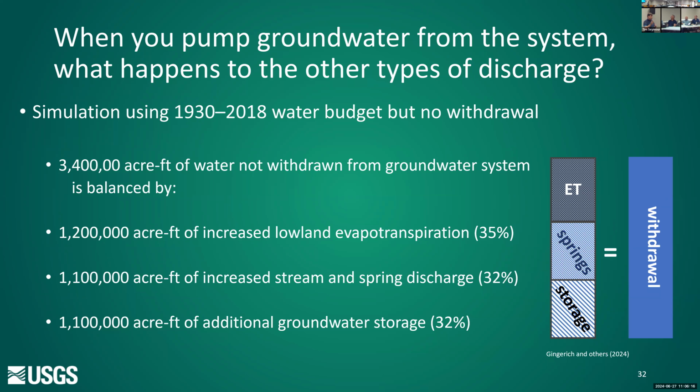No, this is over 1930 to 2018. So if you just remove pumping from 1930 to 2018, summing up all the water moving through the system through that period. So the model is able to show us the relative impacts, even of things no one's really measured, like ET by plants through the decades, but we can get a handle on that effect based on the water levels that drop.